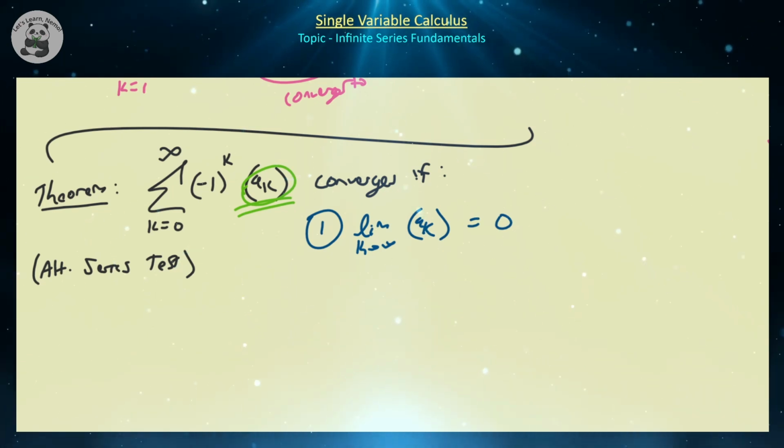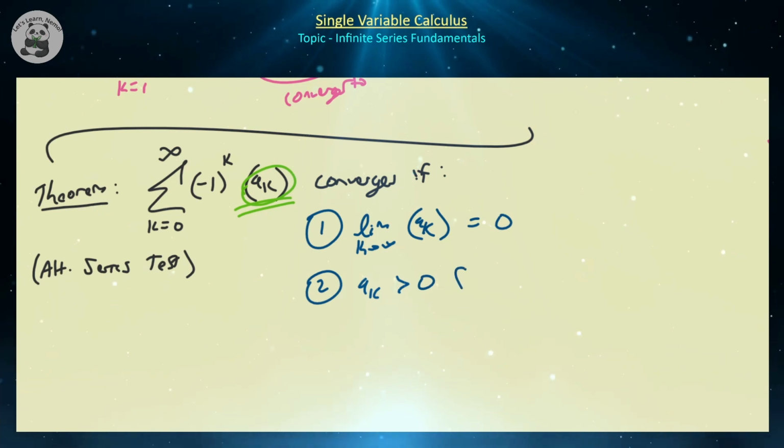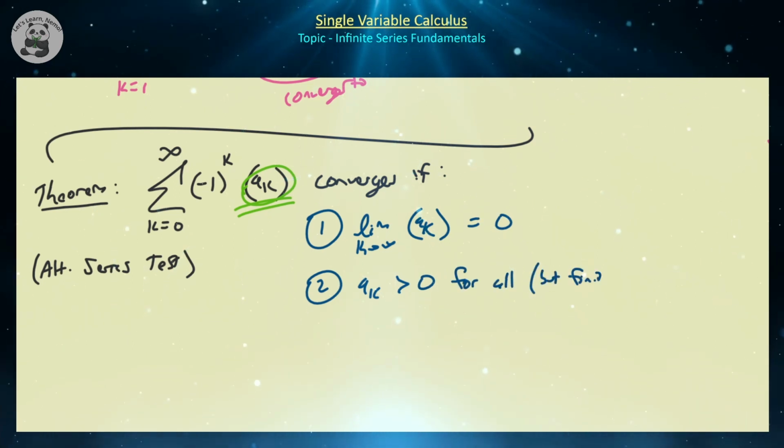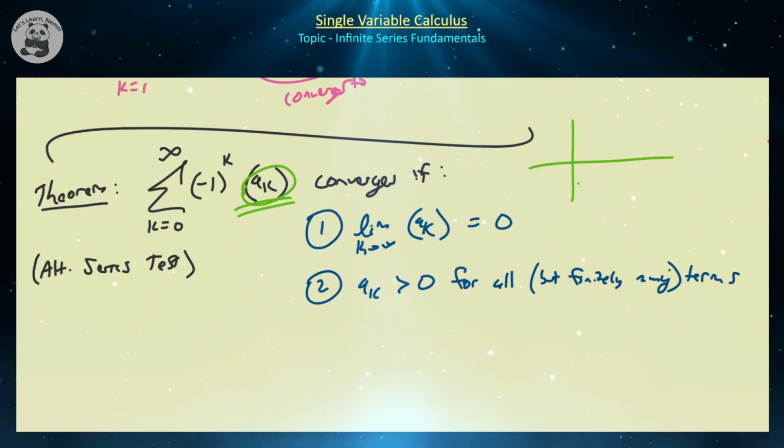Of course, if the limit is equal to 0, that doesn't imply that it's a decreasing sequence, so we have to mandate that a_k is positive for all but finitely many terms. For example, it can be negative or positive early on, but it eventually has to be always positive.